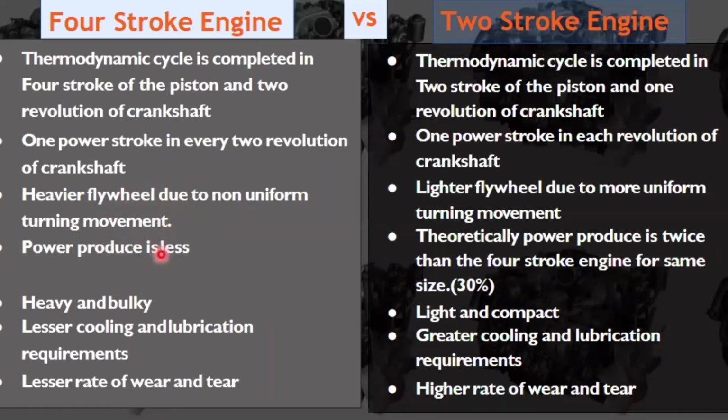So there will be a lot of fluctuations in the production of power. We need to store the energy and deliver it in a uniform manner, so we arrange a flywheel. In a four-stroke engine these fluctuations are very high, so we need to arrange a heavier flywheel.